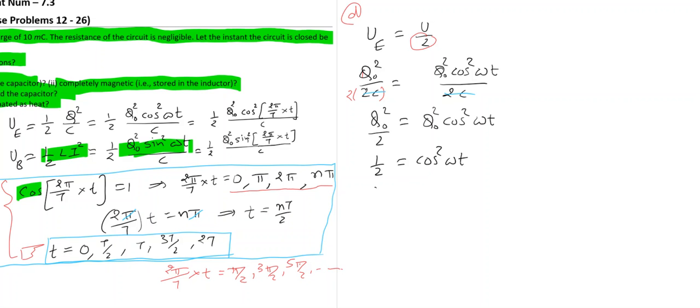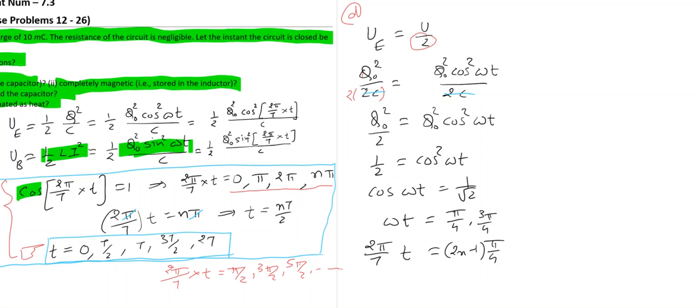So I can say that cos omega t has to be 1 by root 2, and then omega t has to be pi by 4 or 3 pi by 4, or an odd multiple of pi by 4. So (2n minus 1) into pi by 4 equals 2 pi by t into t.